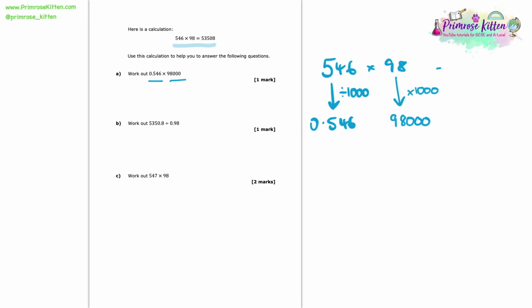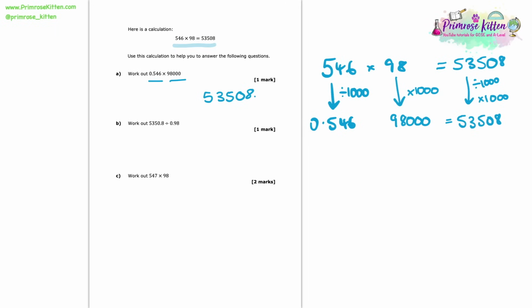So that means if we were to look at our final answer here, we need to both simultaneously divide that by 1,000, but then also times it by 1,000. And that actually gets us back to square one. So that means that the answer to this problem is actually 53,508. So that is our answer to part A.